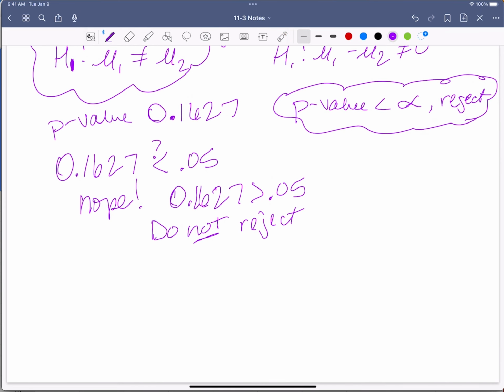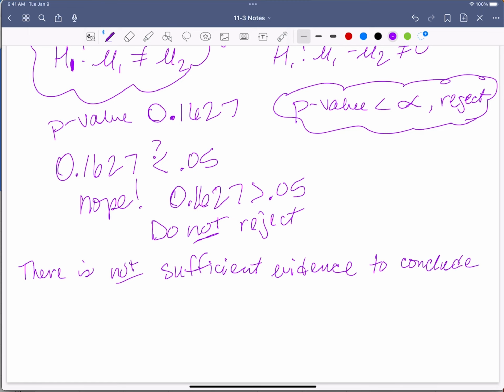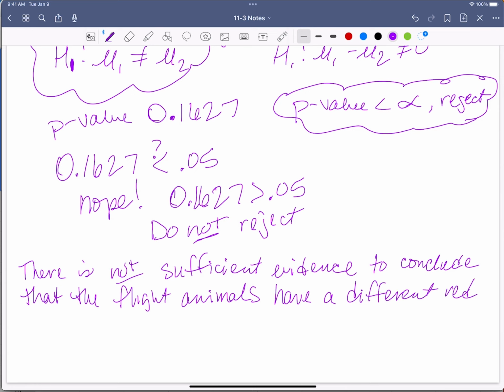So there is not sufficient evidence to conclude that the flight animals have a different red blood cell mass from the control animals.